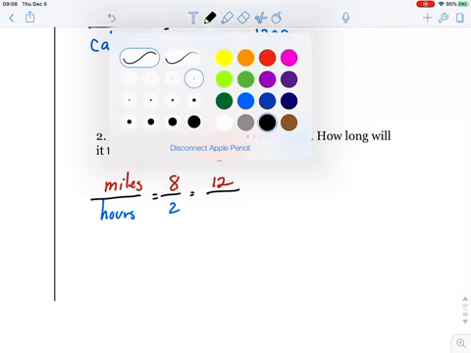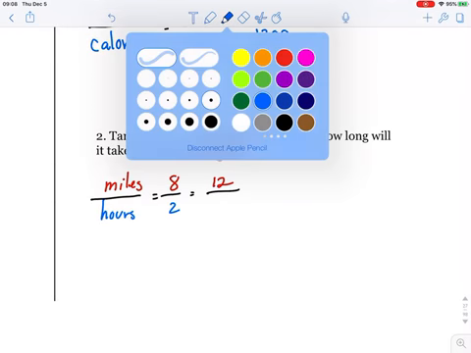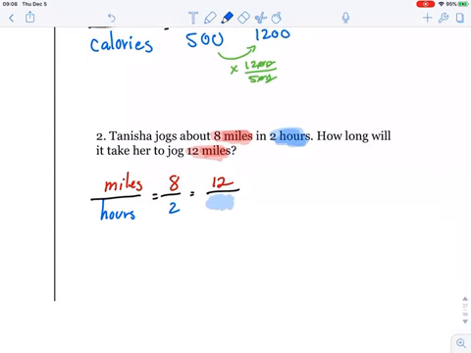And I need to figure out this part down here, which is how much time. Now, going from 8 to 12, my known values from here to here, times 12 over 8. So I can do the same thing down here, times 12 over 8.